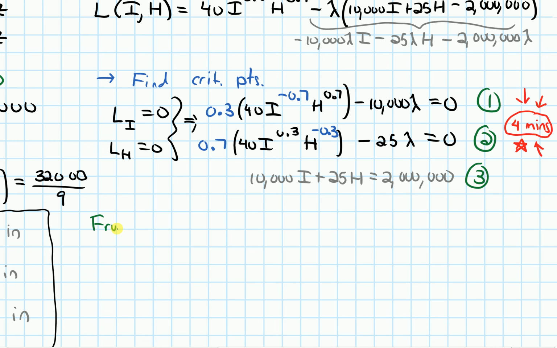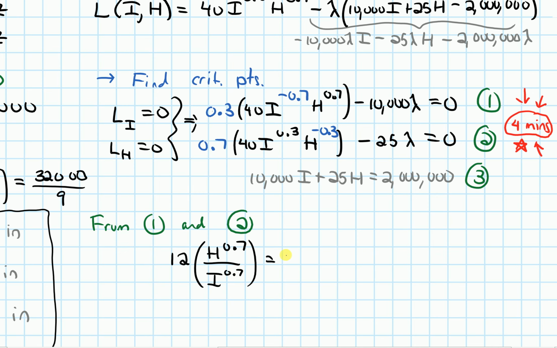From the first equation and the second equation, I'm just going to rearrange them to get the lambda terms on one side. I'll also simplify: 0.3 times 40 gives me 12. So we get 12 times h to the 0.7, and if I move the I to the negative 0.7 to the denominator, we get over I to the 0.7.